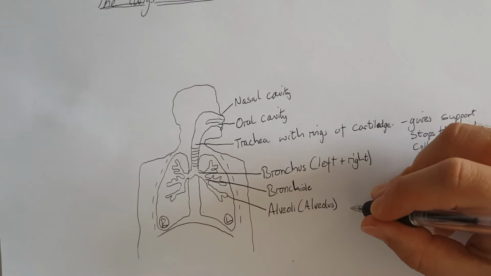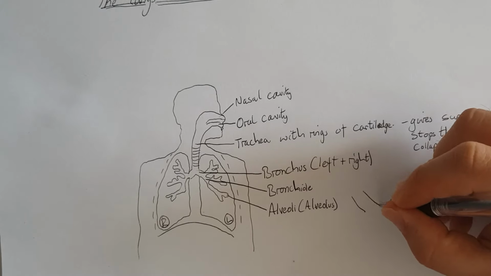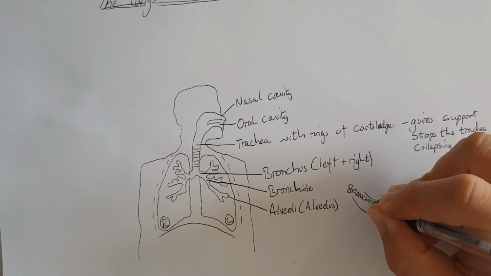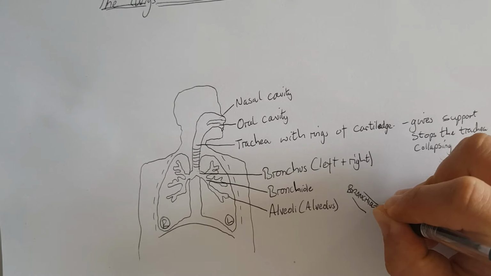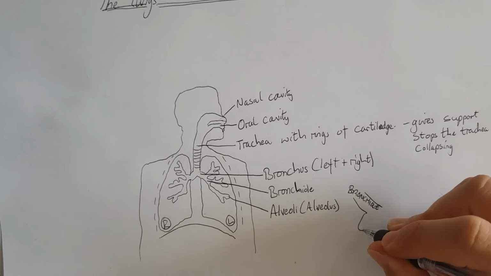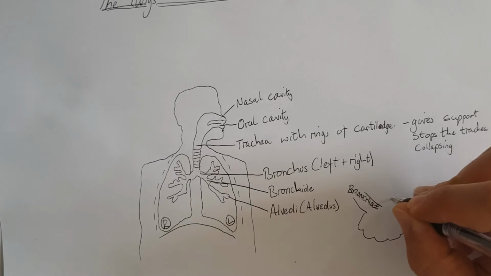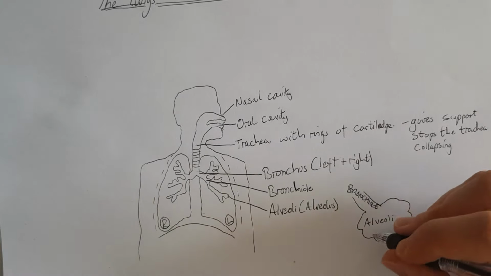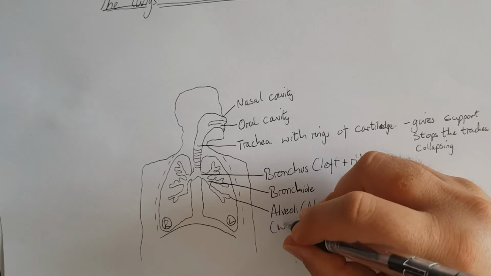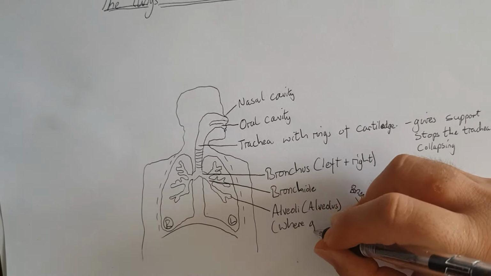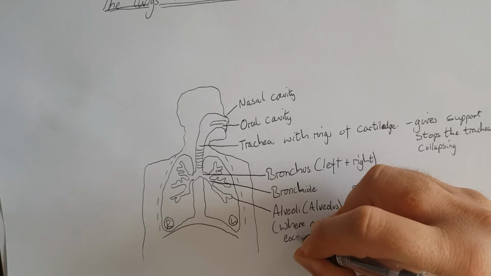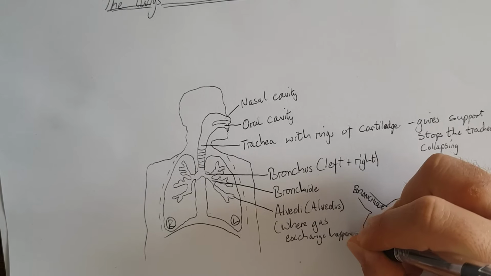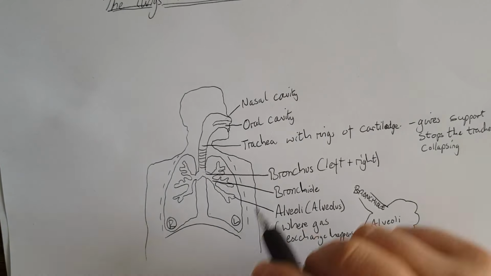If we were to zoom in on it, we would see coming down from a bronchiole we get this sac called the alveoli, and this is where gas exchange happens. Now, this is the main part of the structure of our lungs.